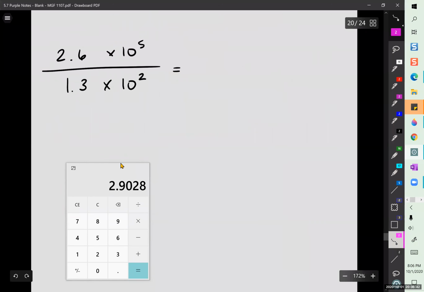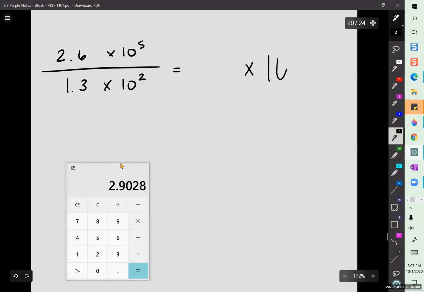Good question, Tiffany. Now for our next one, we would remember to divide like things. This thing divided by this thing, and that's going to be the new number in front. This divided by this, and then we need to think when you have the same base and you're dividing it, you would subtract their exponents. So what times 10 to the what?